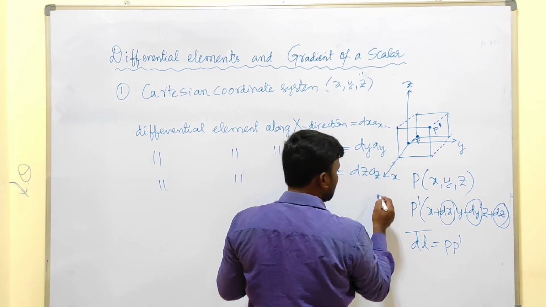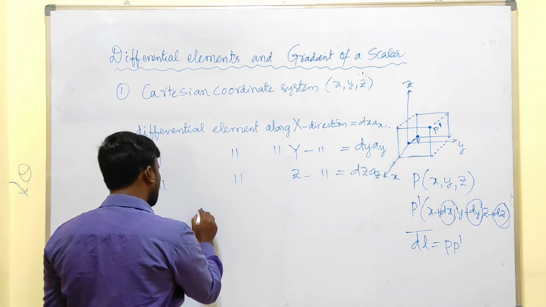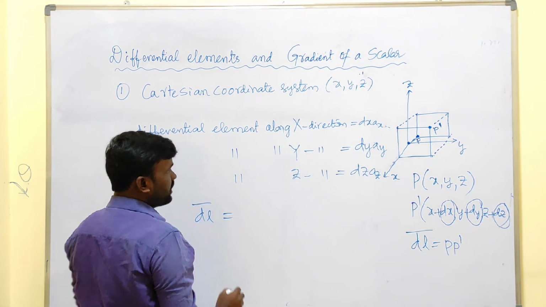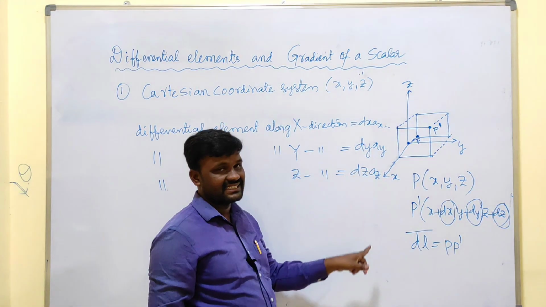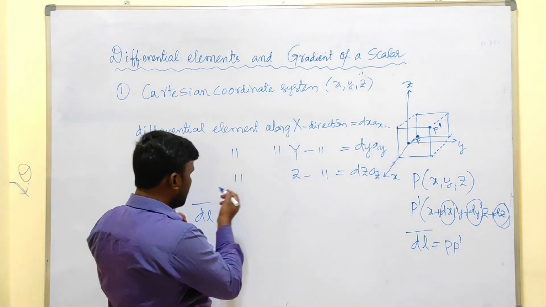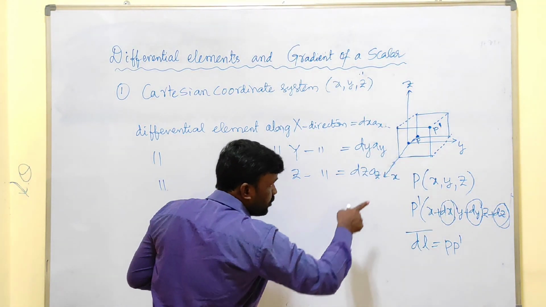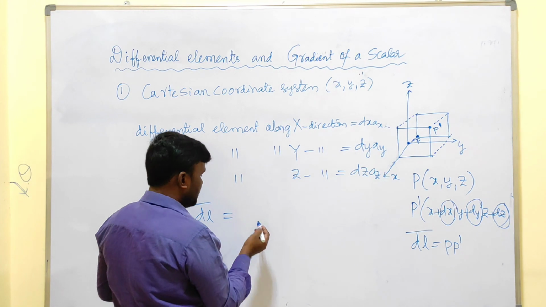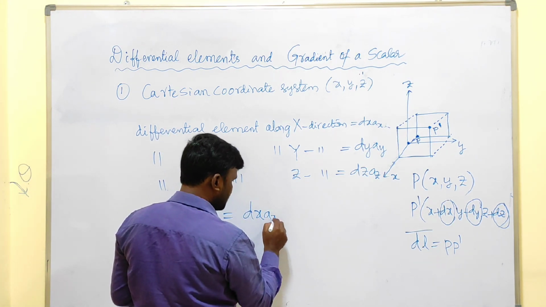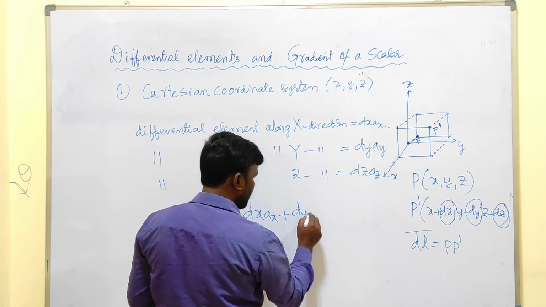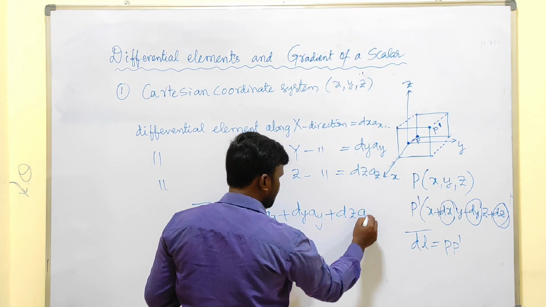Then what about the displacement from P to P dash? That is given by dl bar. Here we considered individually along x axis, y axis and z axis, but we require the total differential displacement from P to P dash, that is dx ax plus dy ay plus dz az.